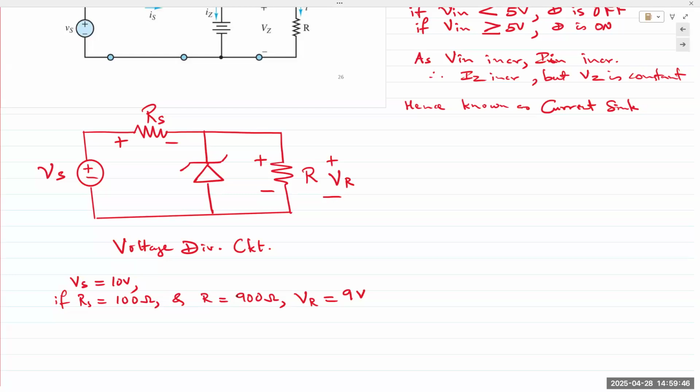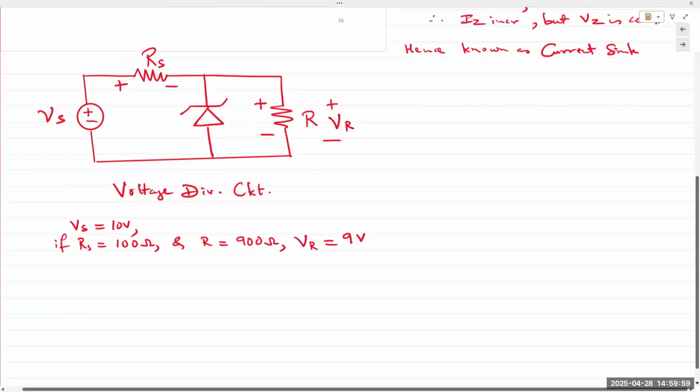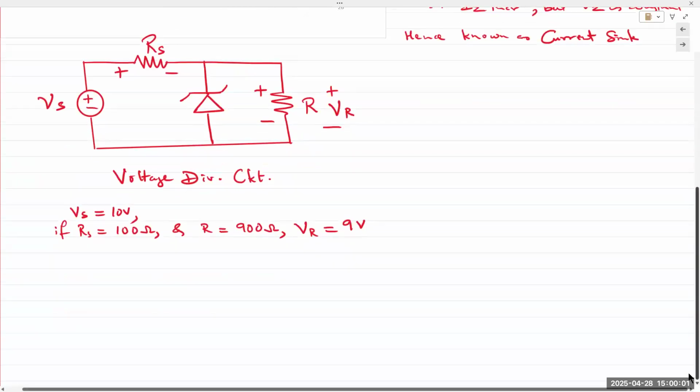With the Zener, it doesn't seem as if it's a voltage divider, but it is functioning as a voltage divider circuit. So if your Zener diode VZ is 5 volts, then the voltage applied to that Zener diode is 9 volts. So what happens to that Zener diode? Does it turn on or does it remain off?